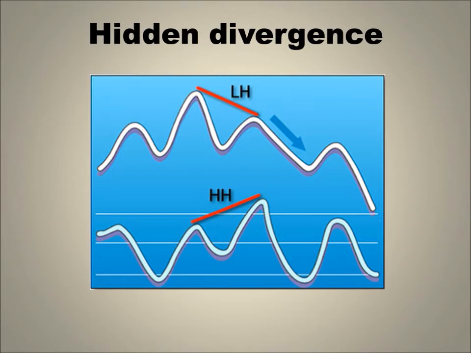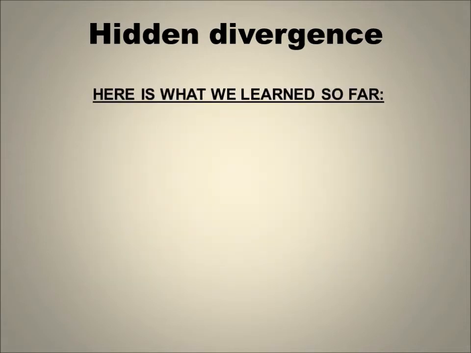Here on the price chart, we can see that the chart is making lower highs. The peaks are getting lower and lower on the price chart, and on the oscillator chart, the peaks are getting higher and higher. So again, price and momentum are going in opposite directions, and it looks like the trend will continue.